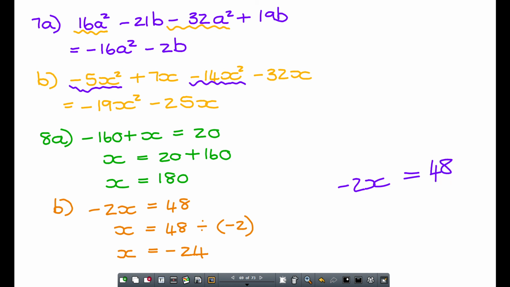So what they like to do is, because I want to get rid of that coefficient, I put both of them over minus 2. Maybe that makes more sense. So then on this side, because the negatives and the 2's are going to cancel out, I just have x left. And then 48 over minus 2 is minus 24.